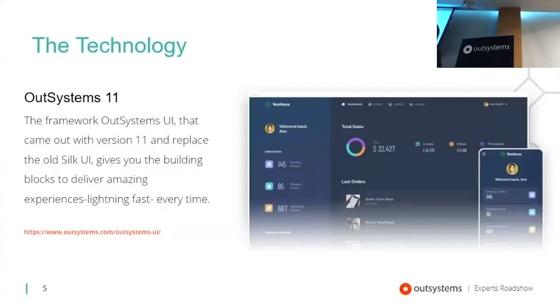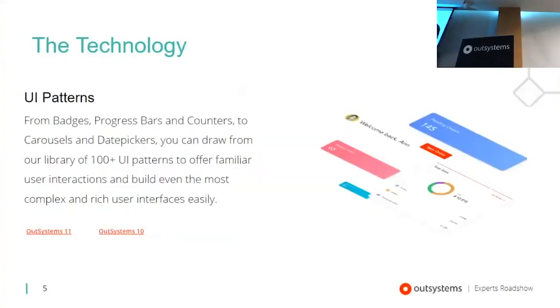How does it help in the UX? It gives us a lot of building blocks that help us deliver the experience in a faster manner. Earlier it was called Silk UI, but in OutSystems 11, it's called the OutSystems UI. So what does the technology offer us in the UI pattern?